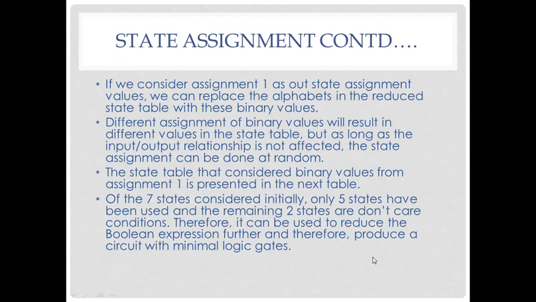However, it's not mandatory that a reduced Boolean expression would result in a reduced number of logic gates. That's not a hard and fast rule. Sometimes the number of logic gates might remain the same, but the number of states might reduce, and the amount of time required for the circuit to produce the output might reduce, and that would reduce the cost as well.